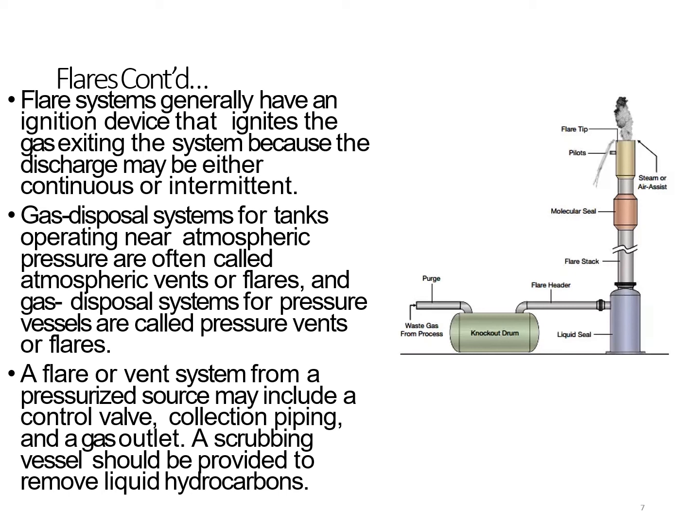Gas disposal systems for tanks operating near atmospheric pressure are often called atmospheric vents or flares, and gas disposal systems for pressure vessels are called pressure vents or flares. A flare or vent system from a pressurized source may include a control valve, collection piping, and gas outlet. A scrubbing vessel should also be provided to remove liquid hydrocarbons.